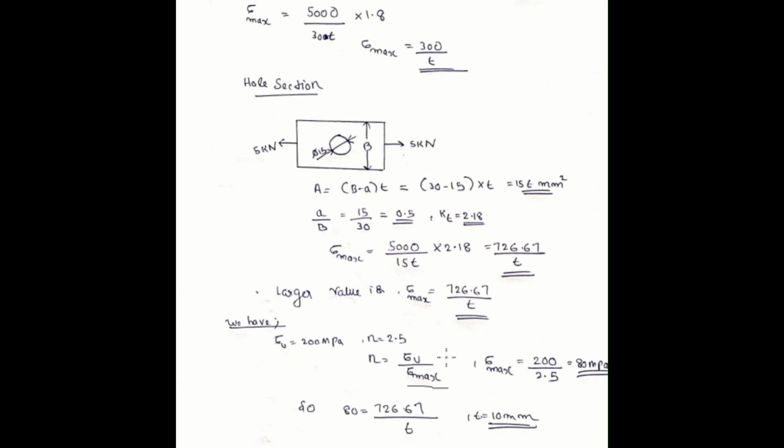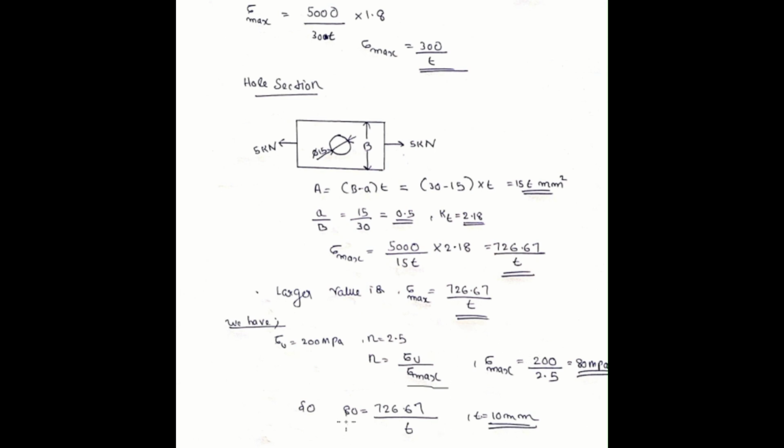I already told you that we already found the maximum value from these two values. So here I can formulate another equation for sigma max, that is 200 by 2.5, right? So this is the actual value, 80 megapascal.